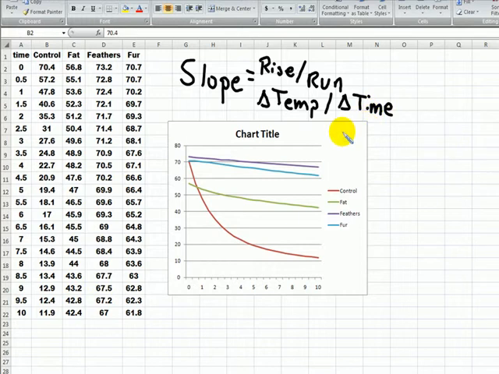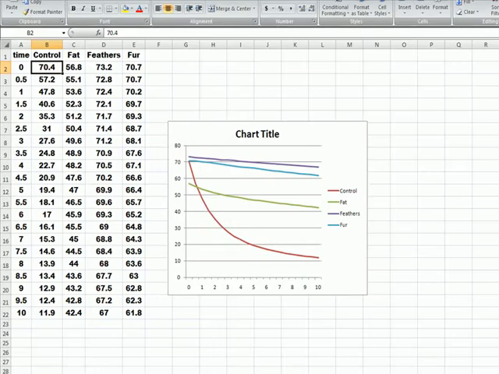So the formula for this is going to be y2 minus y1 divided by x2 minus x1. And so when I go back to my data, I use this as the beginning temperature and these as my ending temperature.